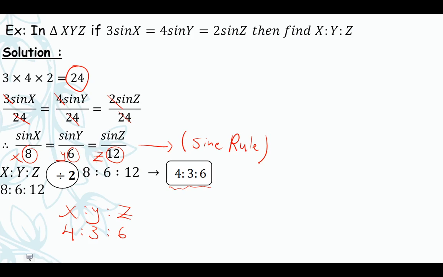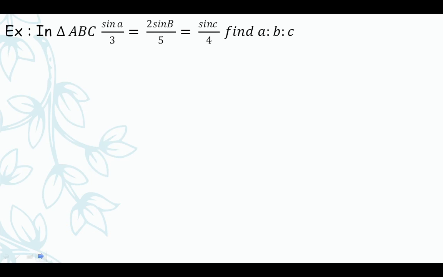Another example. In triangle ABC, sine A over 3 equals 2 sine B over 5 equals sine C over 4. Find the ratio between the three side lengths a to b to c. Solution. Multiply the three given ratios by half, 1 over 2.